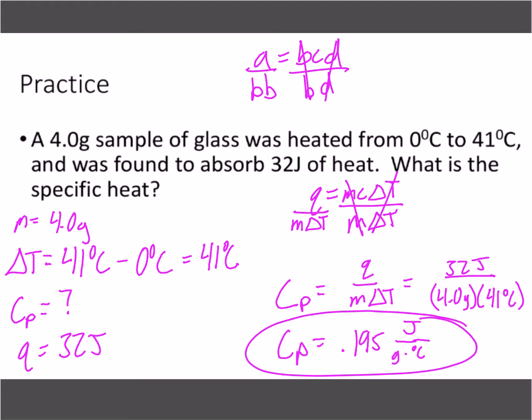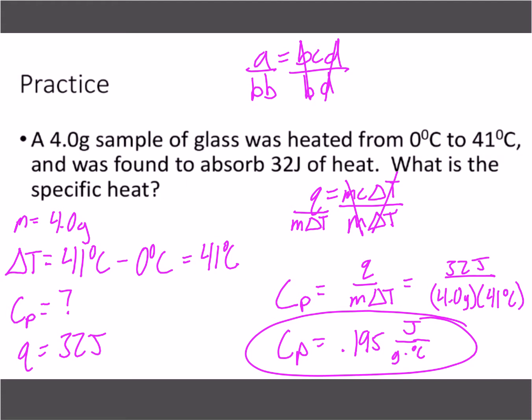And that's a good unit. Even though it looks weird, it's a good unit because it states that many joules per 1 gram degrees Celsius. You can round. If you had 0.2, that'd be fine as well. I'm not looking at sig figs too much. If we round the correct sig figs here, it would be 0.20. That's okay. Guys, but listen.